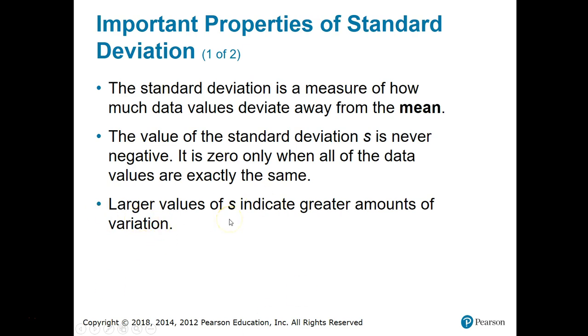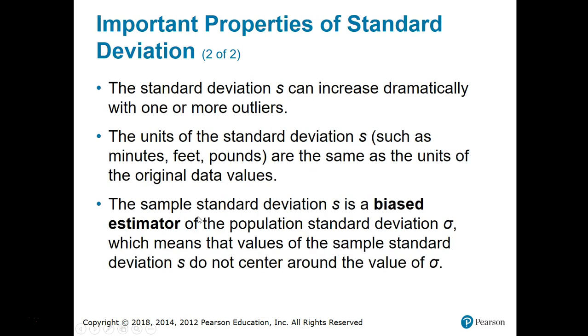Larger values of S indicate greater amounts of variation. So, if we have a lot of outliers, S can increase dramatically. This means that it is not going to be very resilient.